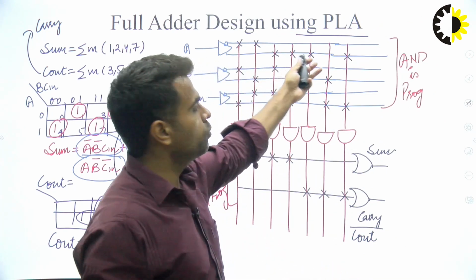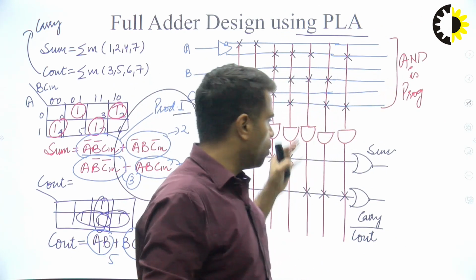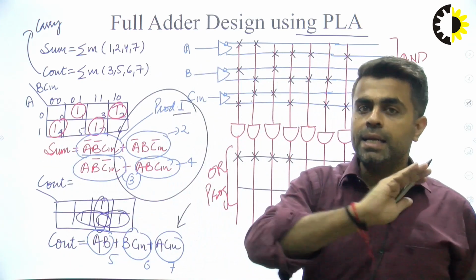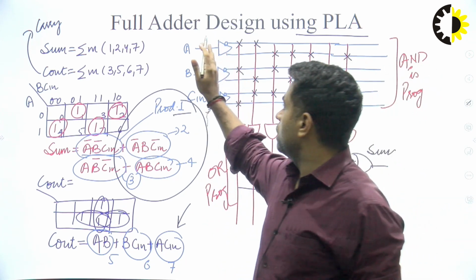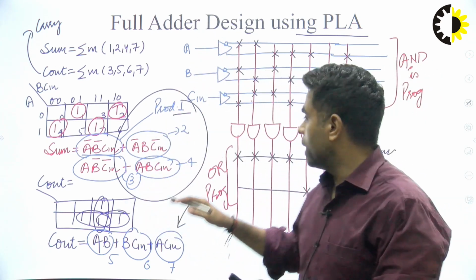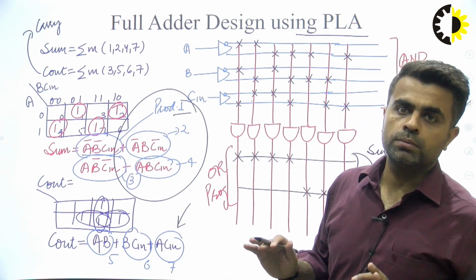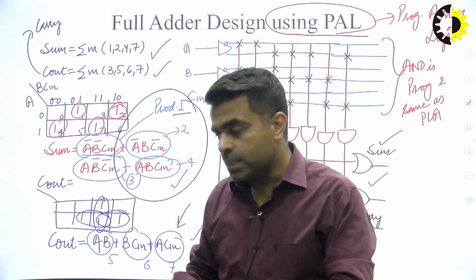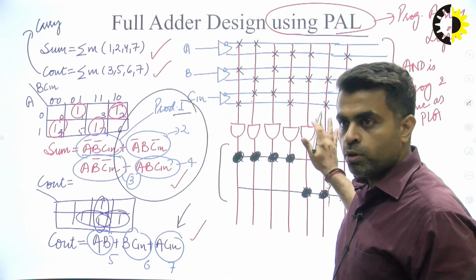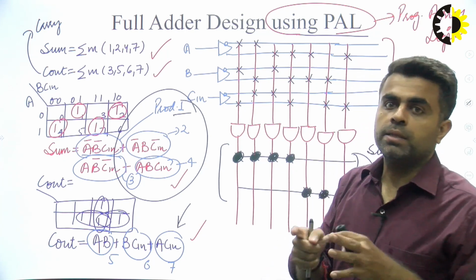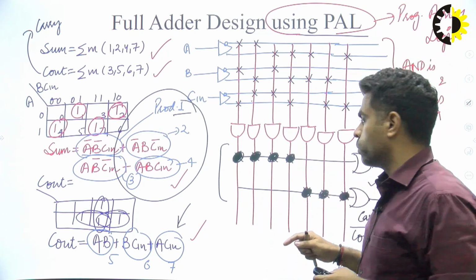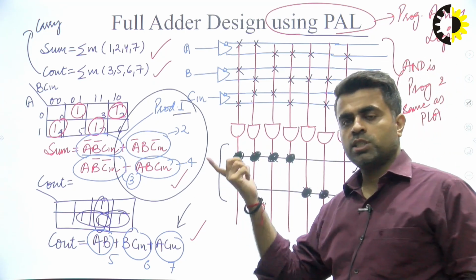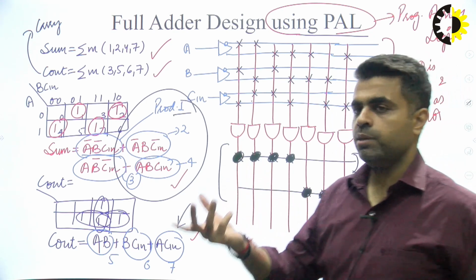Here in case of PLA, the AND part is also programmable, the OR part is also programmable. That means a PLA can design any circuit with 3 inputs which require 8 products and 2 outputs. Okay, but a PAL can realize any circuit with 3 inputs, 8 products, 2 outputs, but there is a constraint that those 2 outputs can only be in the form of, first output will be the sum of 4 products, second output will be the sum of 3 products.